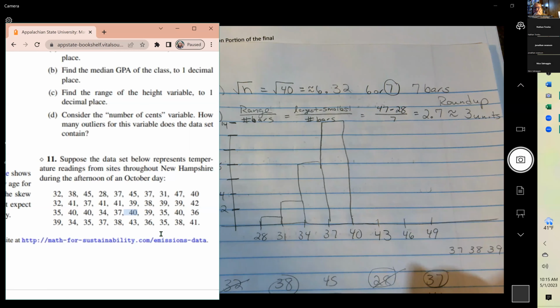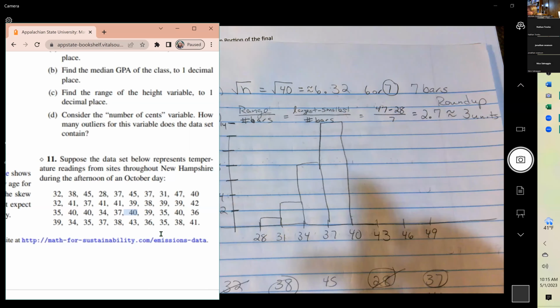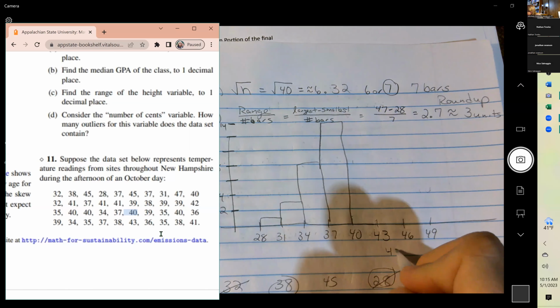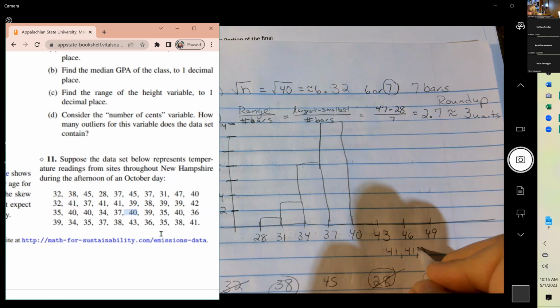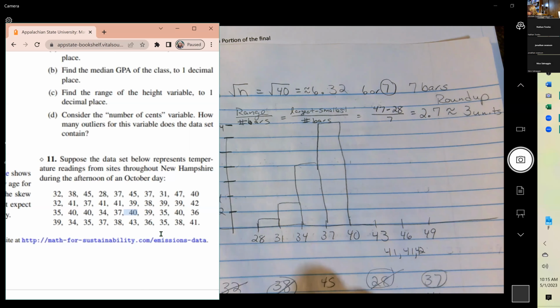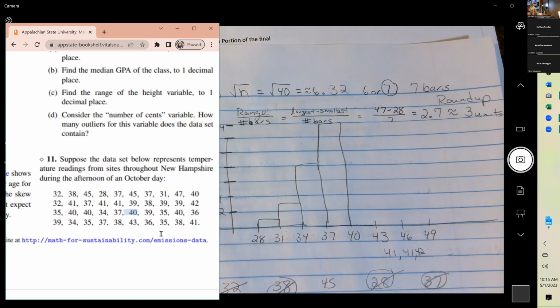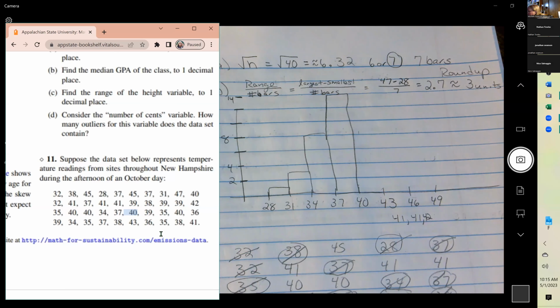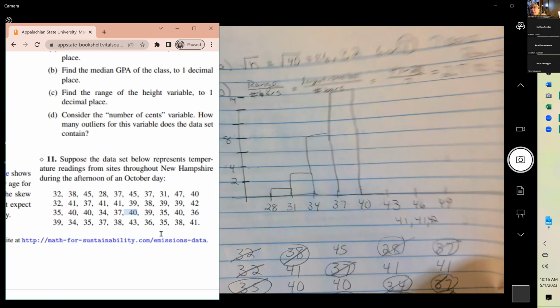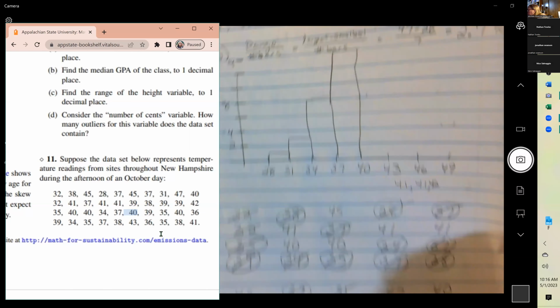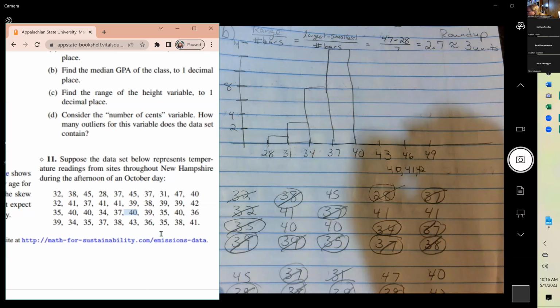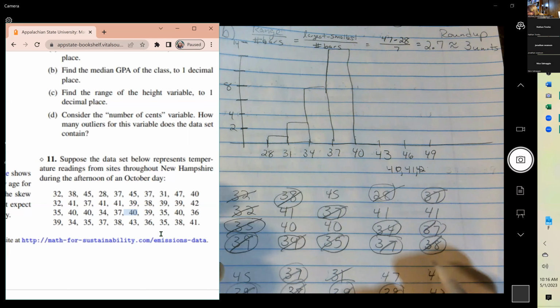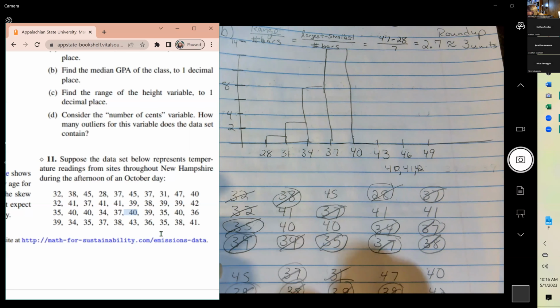Any questions on that? 40, 41, and 42. And we're looking at 40, 41, and 42.